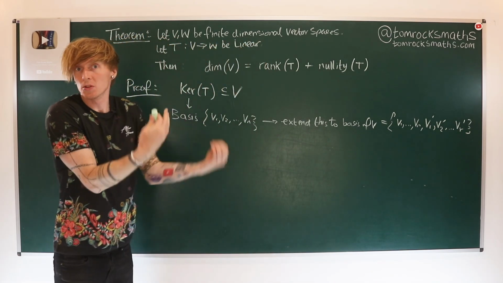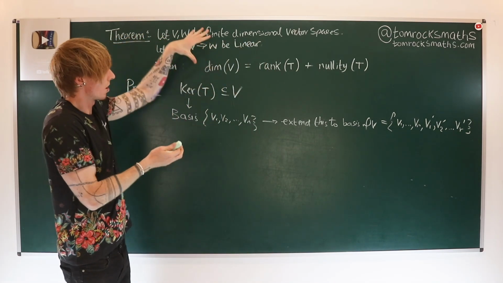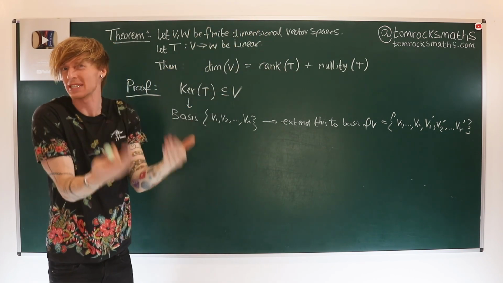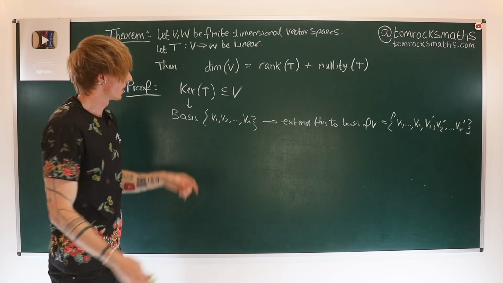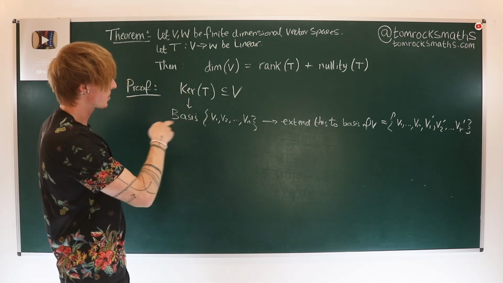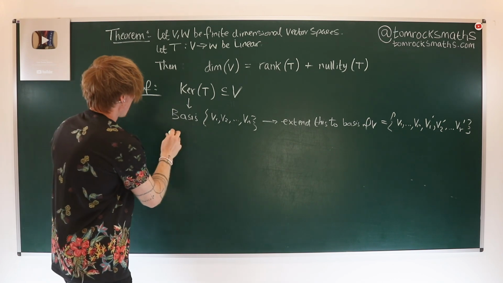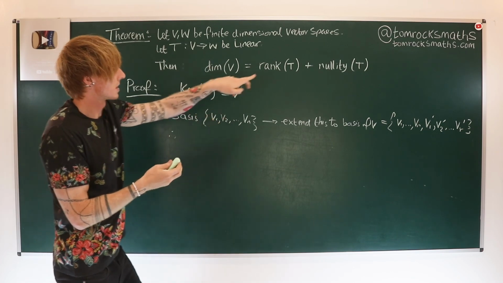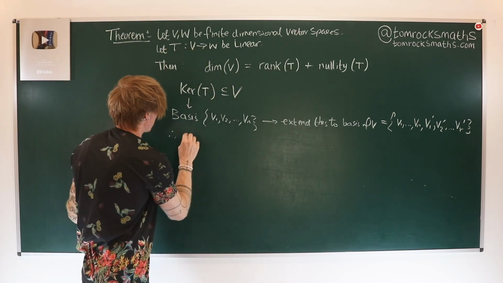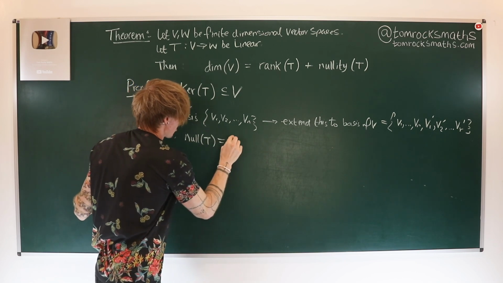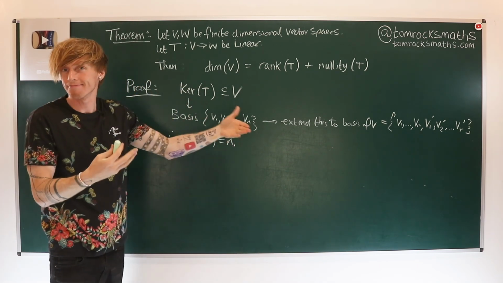So using the definition of dimension and rank and nullity, which of course themselves are dimensions, we can now begin to write some things down. We can see that the dimension of the kernel, so the nullity of T, is equal to n, because there are n vectors in the basis.